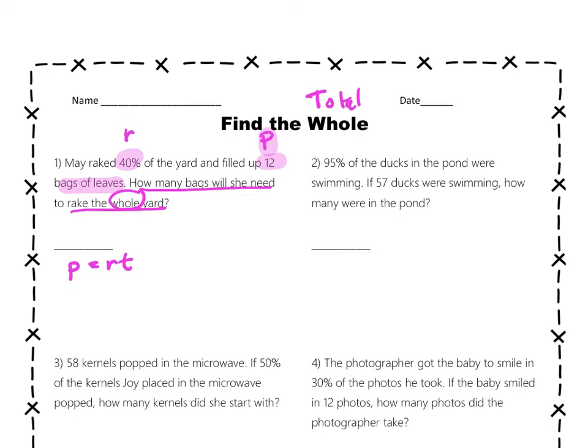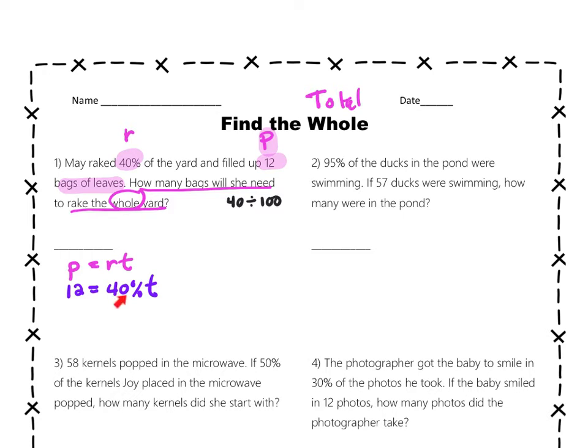So we're going to substitute in this formula. We put the part, which is 12, and the percentage rate, which is 40%. We don't know the total number of bags she's going to need for the whole yard. Next, as a little sidebar, I need to divide 40 by 100 because that makes my percentage into a decimal.